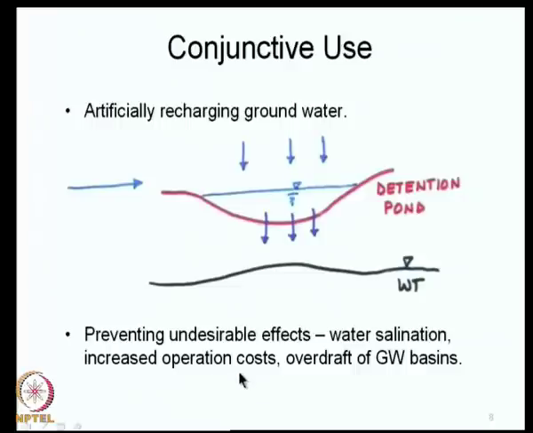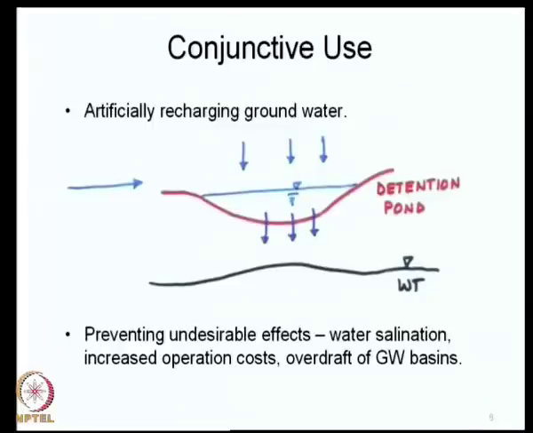Then increased operation costs. What do we mean by this? It is that if you were only putting the surface water systems, then there is an initial capital cost for creating the infrastructure, but the operational cost will be minimal, because the water flows by gravity, and once the infrastructure is in place, you do not have to do much about the surface water systems.